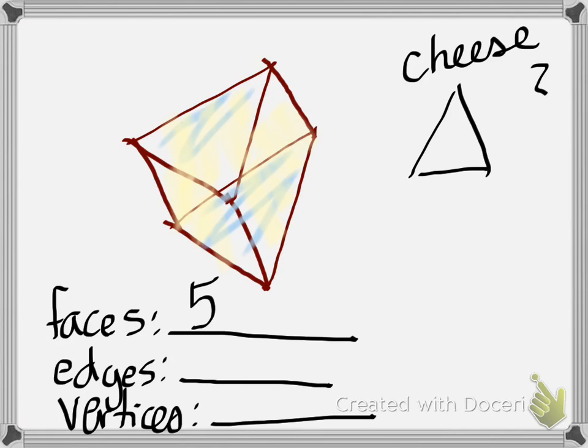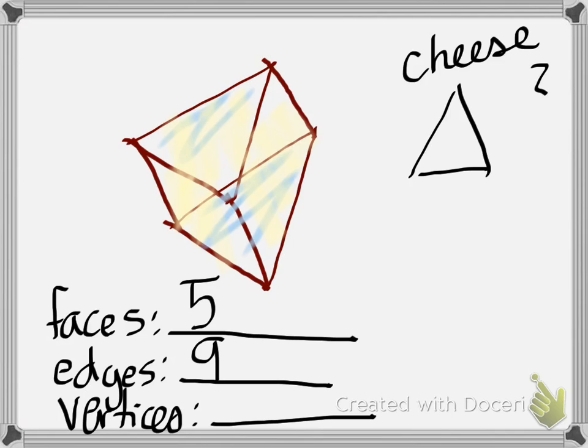I have 5 faces. In order to count the edges, I'm just going to count how many lines I have. So I have 1, 2, 3, 4, 5, 6, 7, 8, 9. I have 9 edges.